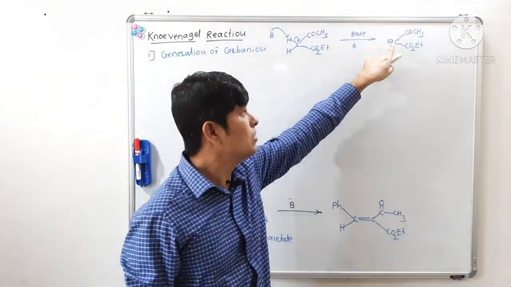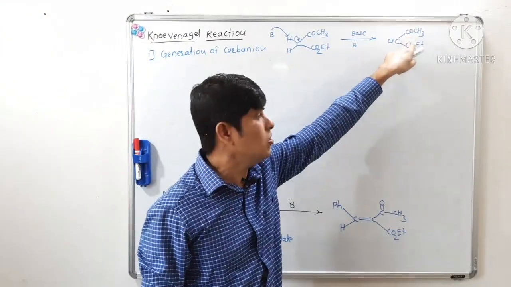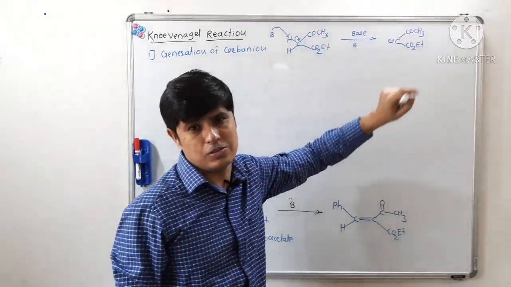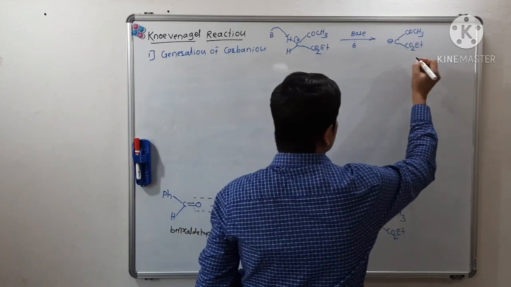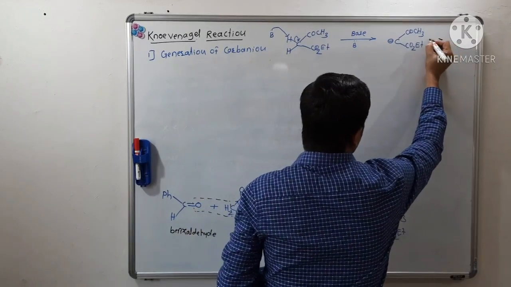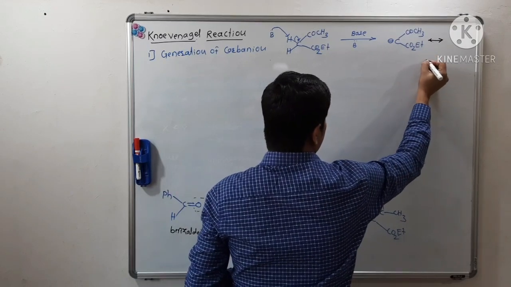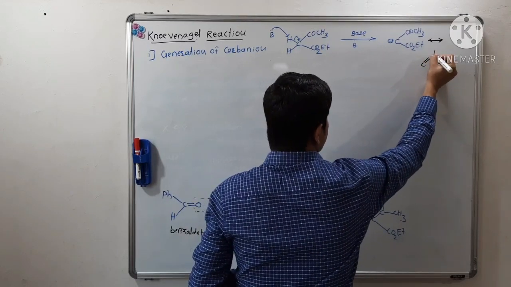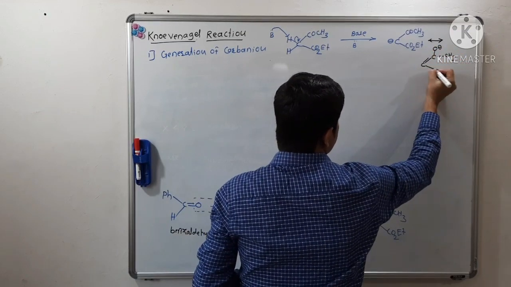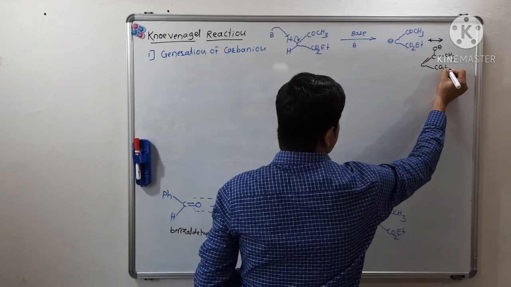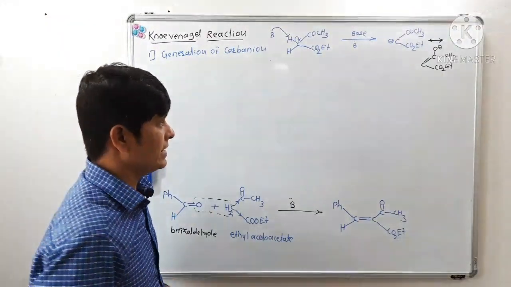Now this carbanion will get stabilized over this ketonic carbonyl and also over this ester carbonyl. So we can write a resonating structure for this carbonyl like this. In this way we can write a resonating structure for this carbanion.